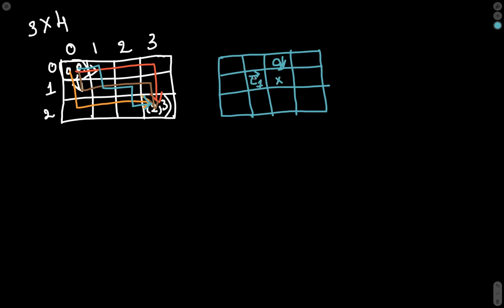So what I am visualizing here is that I'm trying to calculate the total number of paths to reach up to this cell, and the total number of paths to reach up to this other cell.